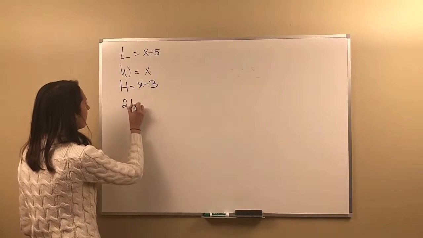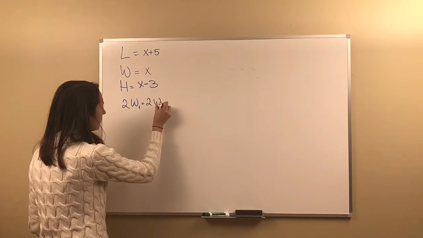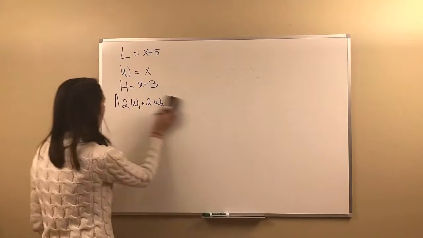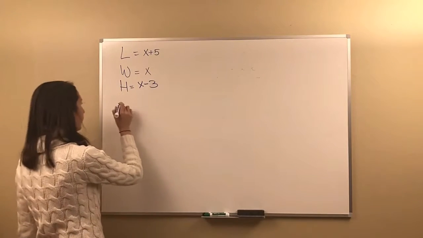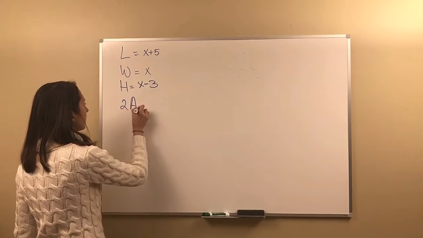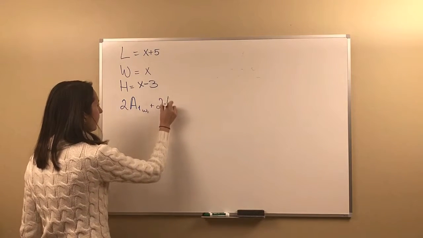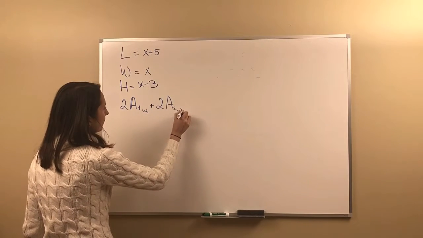So let's say 2 walls 1 plus 2 walls 2. Actually, I would say better this way: 2 areas of wall 1 plus 2 areas of wall 2.